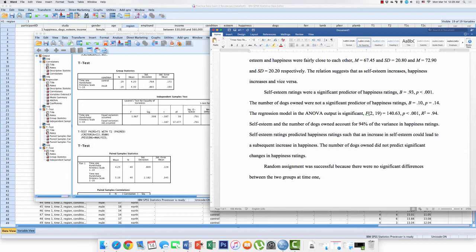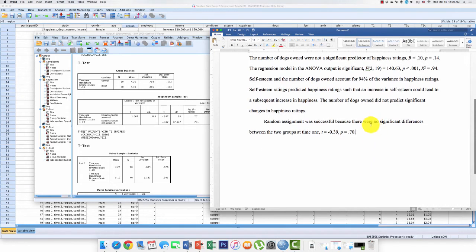And then we're going to put our t value. So t equals negative 0.39. Then our p value, which is equal to 0.70.